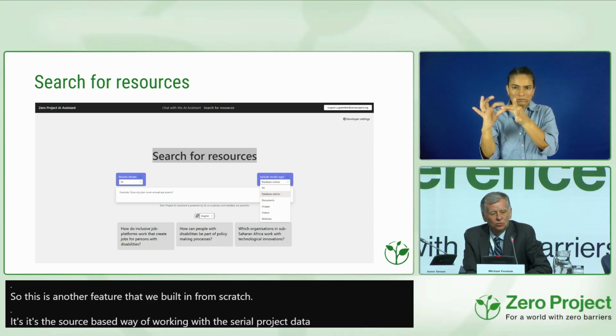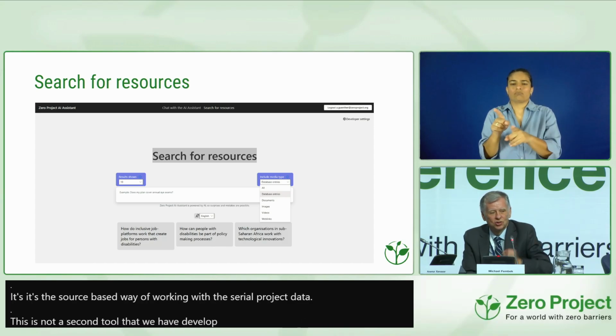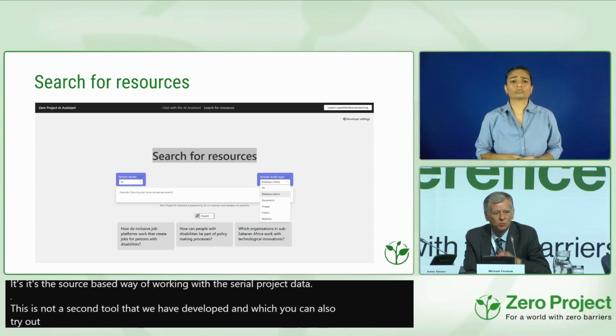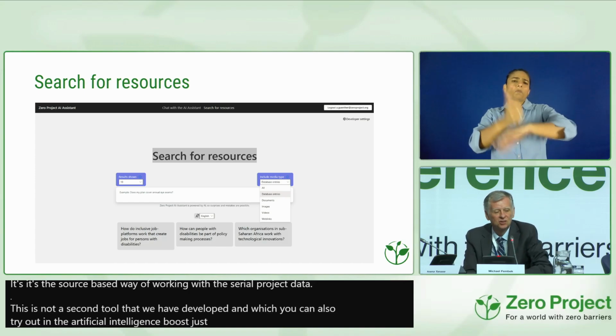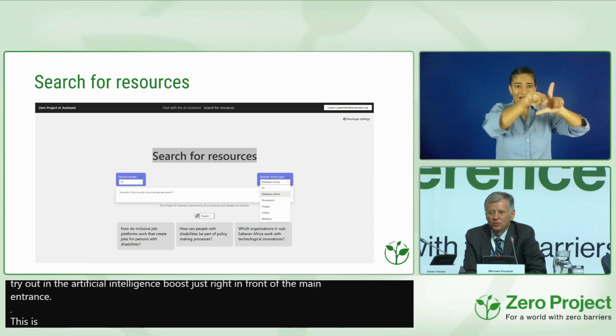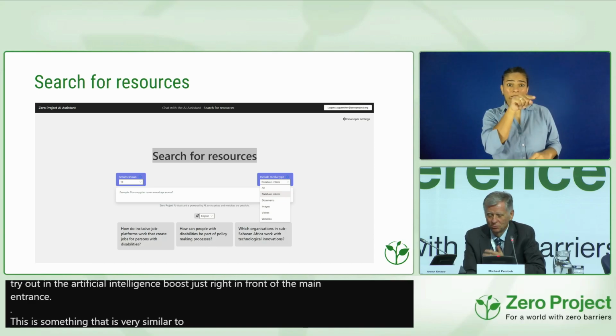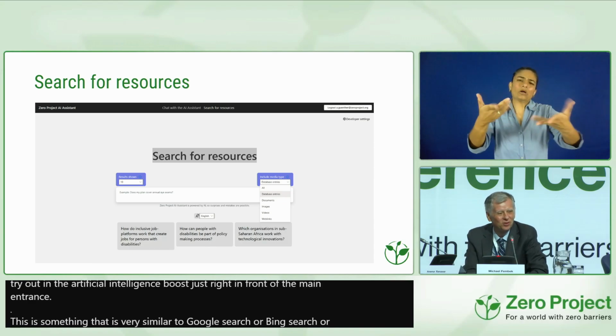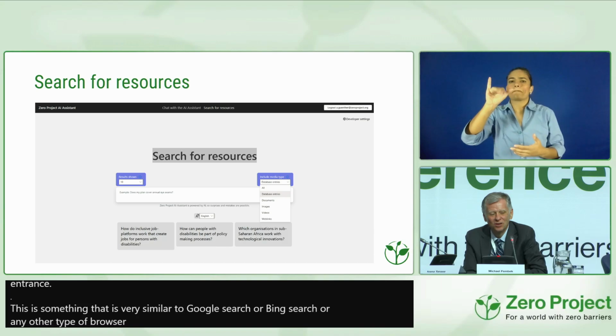This is now a second tool that we have developed and which you can also try out in the artificial intelligence booth just right in front of the main entrance. This is something that is very similar to Google search or Bing search or any other type of browser search that you are familiar with.